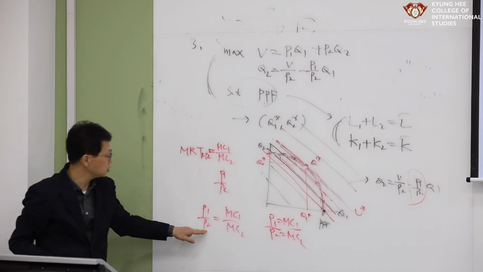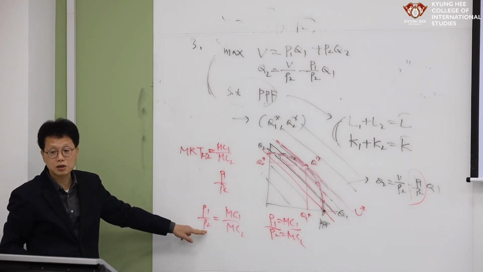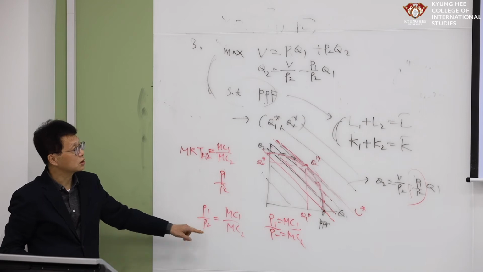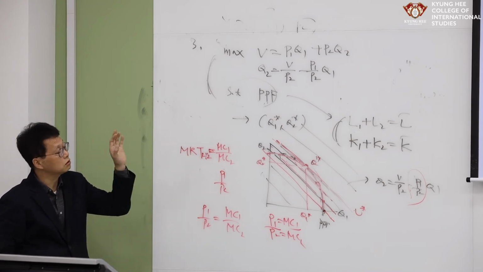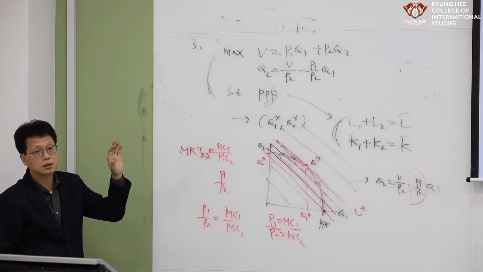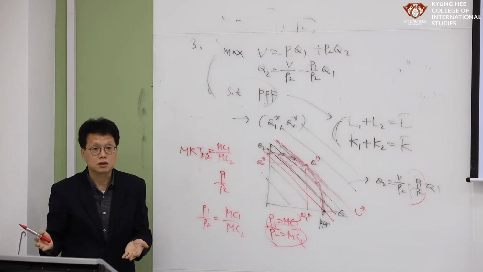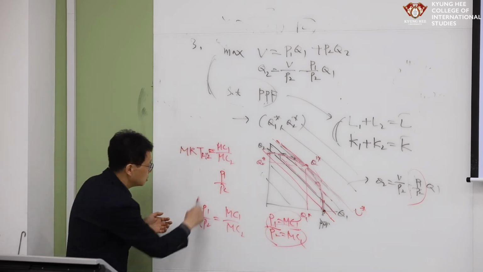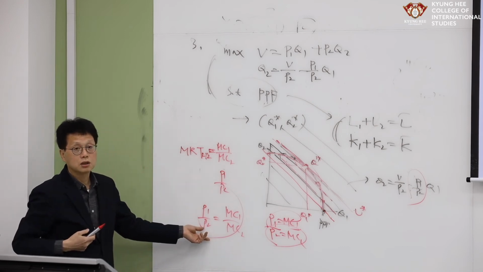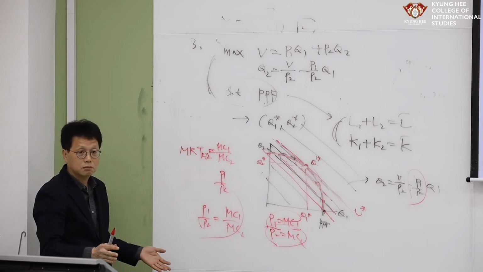That is perfectly the same as the conclusion of the isovalue line, the value maximization solution. So the conclusions of section 2 and section 3 are perfectly the same thing. This one is from the perspective of firms. This one is from the perspective of the country. That is perfectly the same. Can you understand?